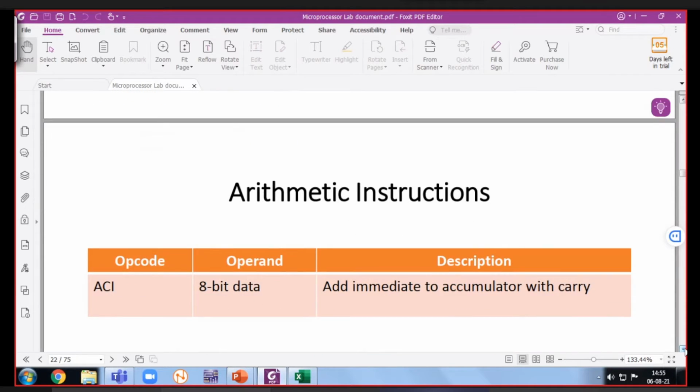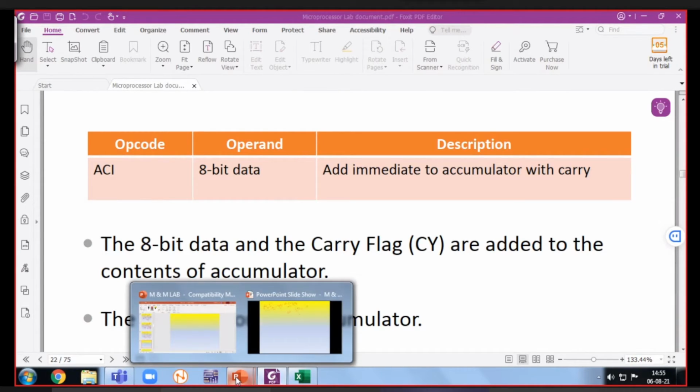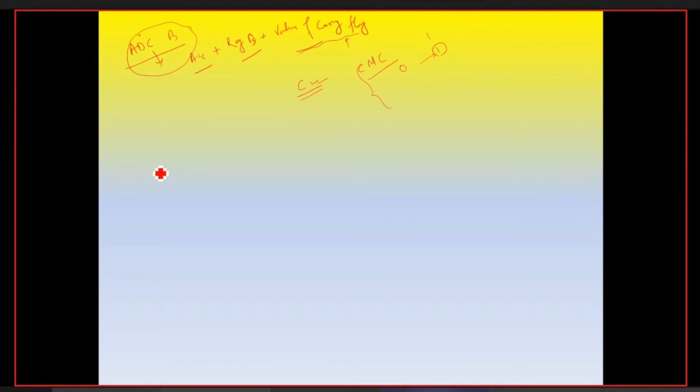Then we have ACI. ADI is there, ACI is also there. This is add immediate to accumulator with carry. The 8-bit data and the carry flag are added to the content of accumulator. You have add, you have ADC, you have ADI, you have ACI also.